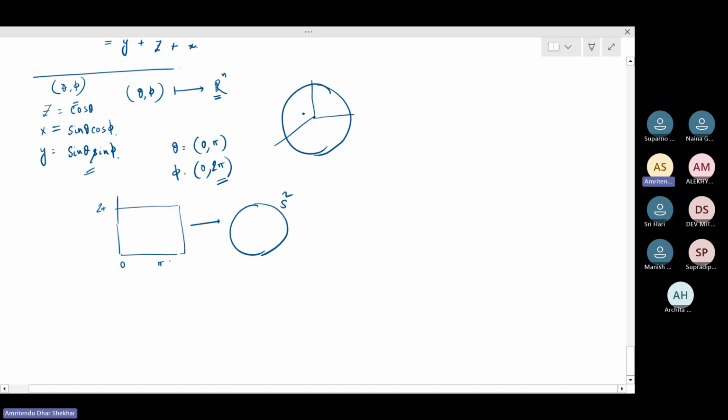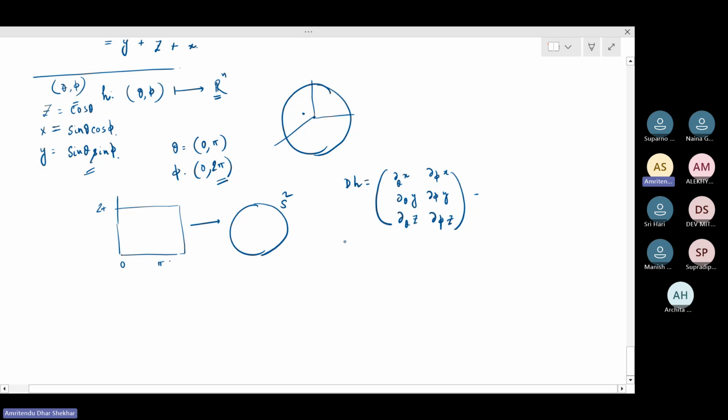Now you can do this procedure for S2. In particular, you can compute the Jacobian matrix. Let's call this mapping H, then you can write down the Jacobian matrix DH, given by d theta x, d phi x, d theta y, d phi y, and d theta z, d phi z.